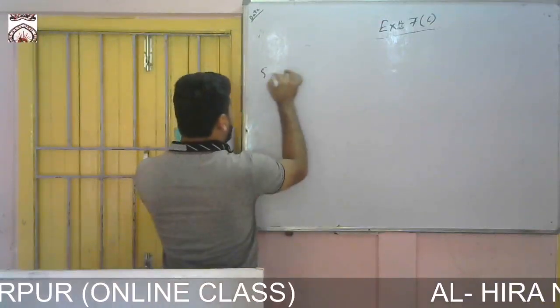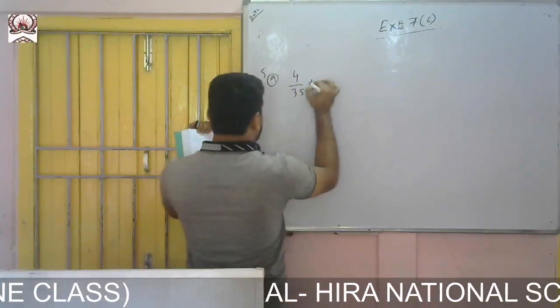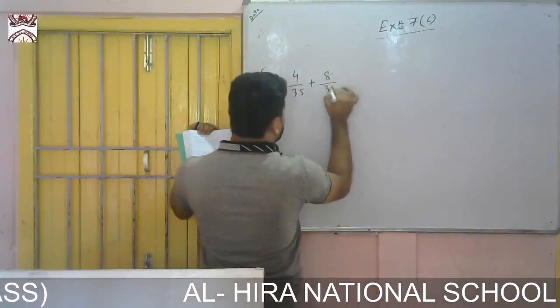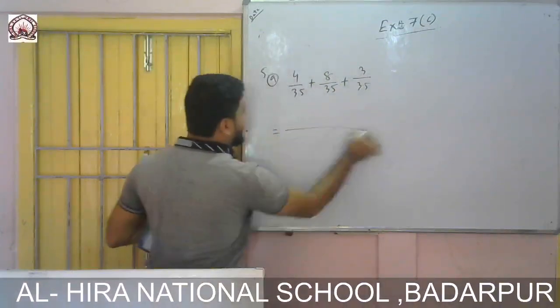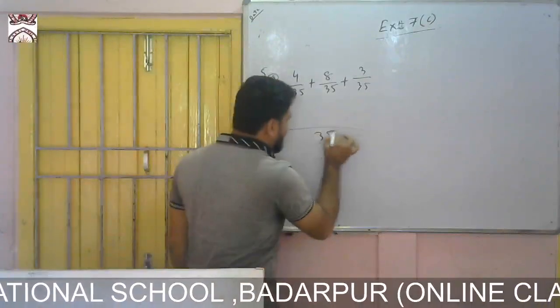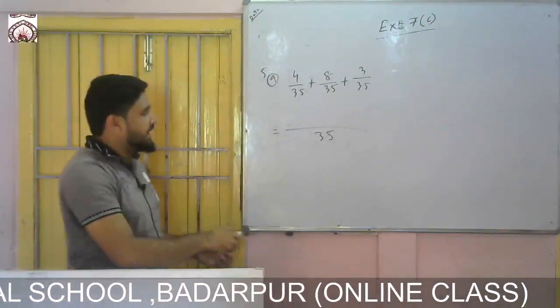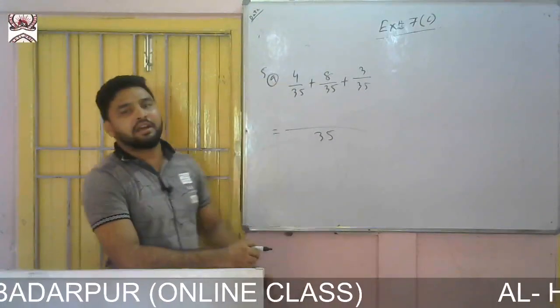Number 5: 4 by 35 plus 8 by 35 plus 3 by 35. Since all the denominators are the same, you can take 35 as the denominator, and we know that if the denominators are the same, then we can add all the numerators.